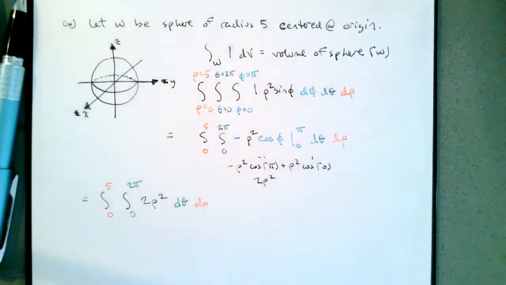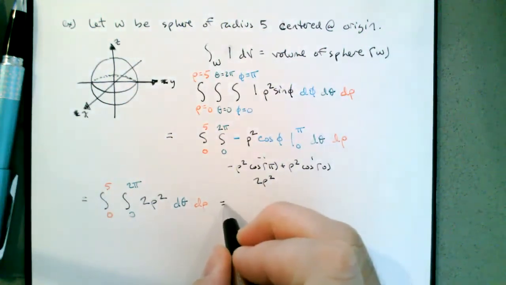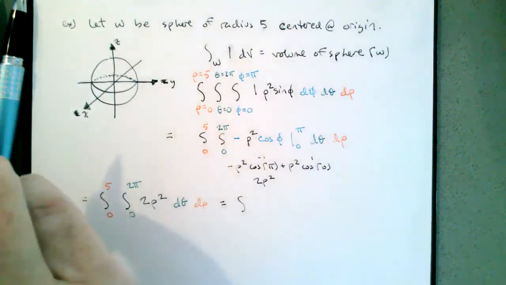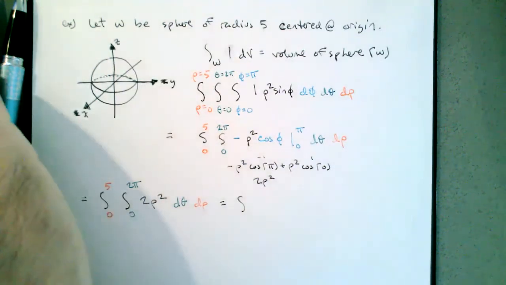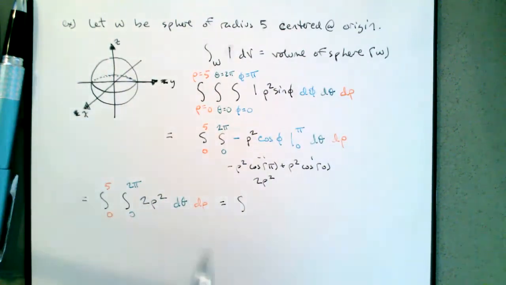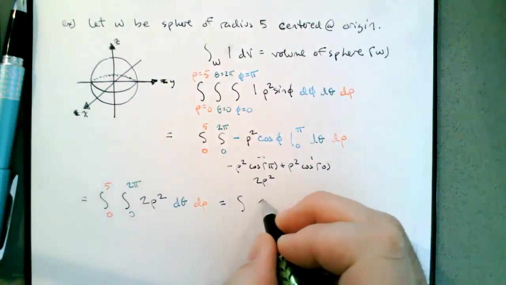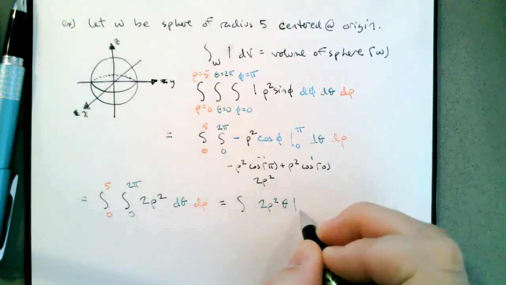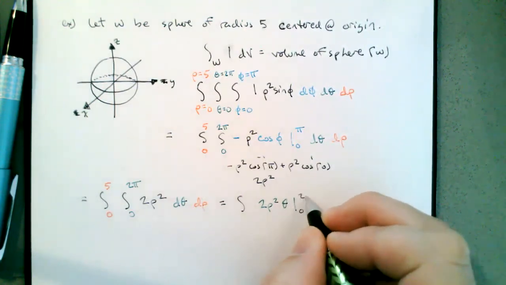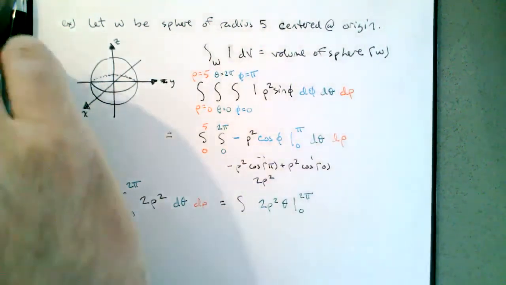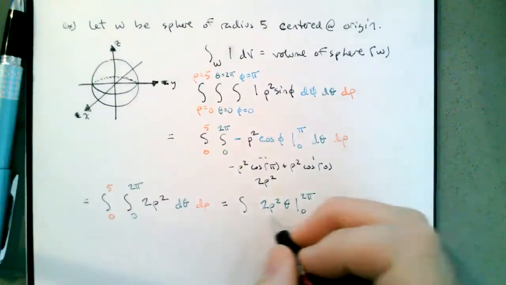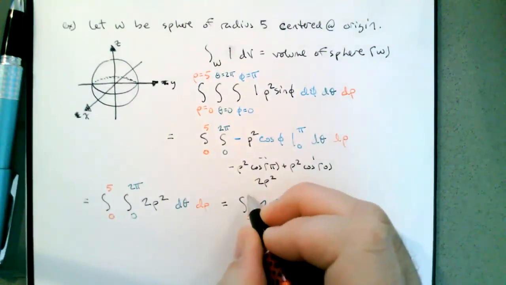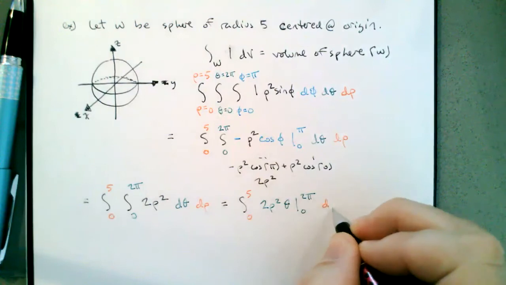Now let's integrate d theta. 2 rho squared is all constant. Still integrating from 0 to 5, but the integral of 2 rho squared with respect to theta is just 2 rho squared times theta. And then we'll evaluate it from 0 to 2 pi. I'm still going to take the result and integrate from 0 to 5 d rho.